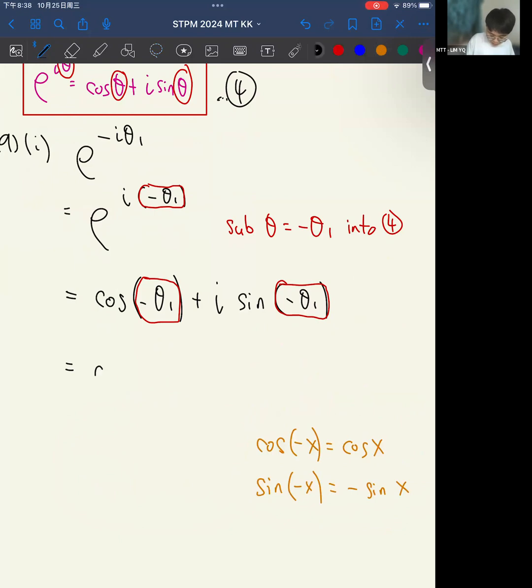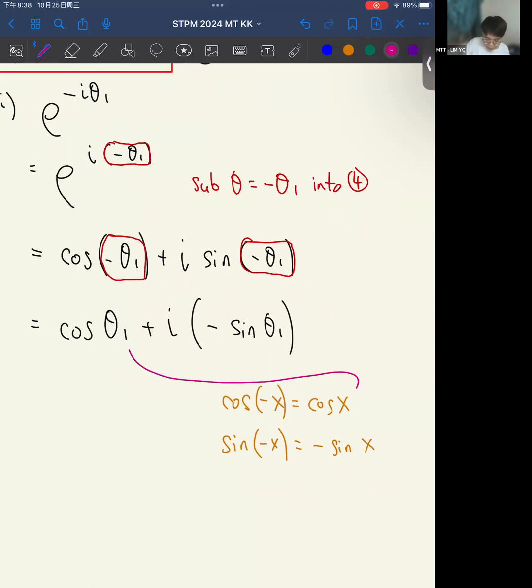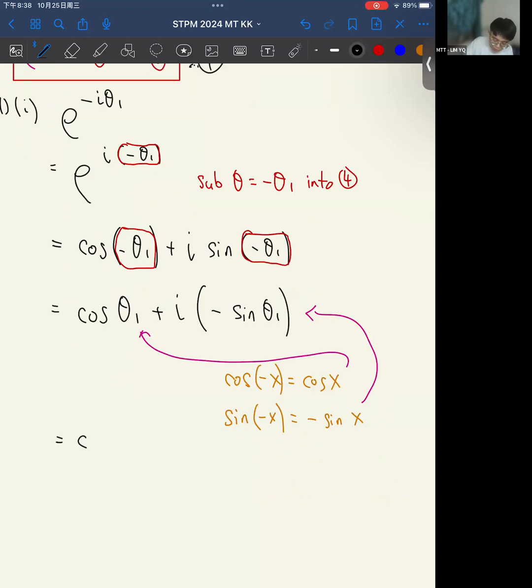So the first one becomes cos positive. The second one becomes negative sine theta 1. By using these two formulas and rewriting again, it becomes your equation as the question wants you to show. Done for part 1.